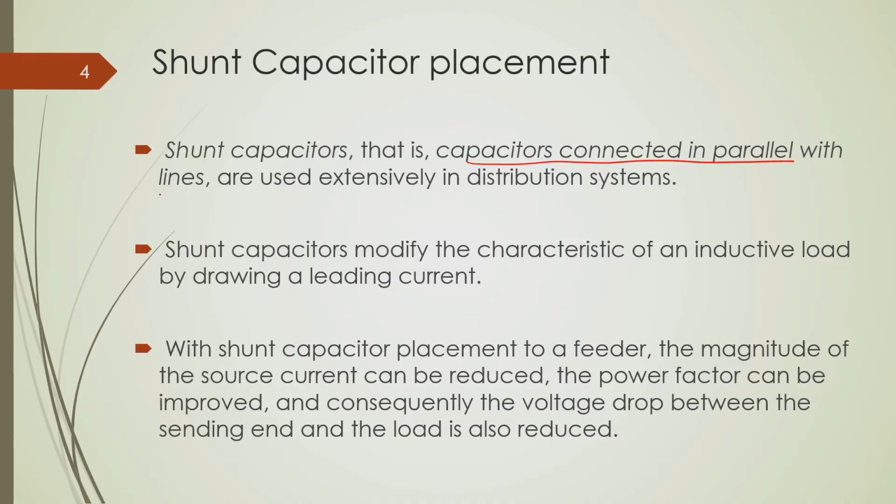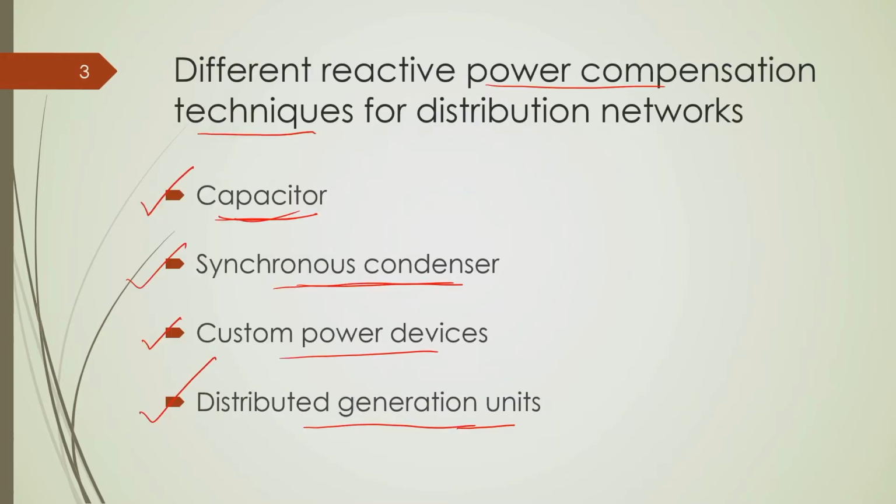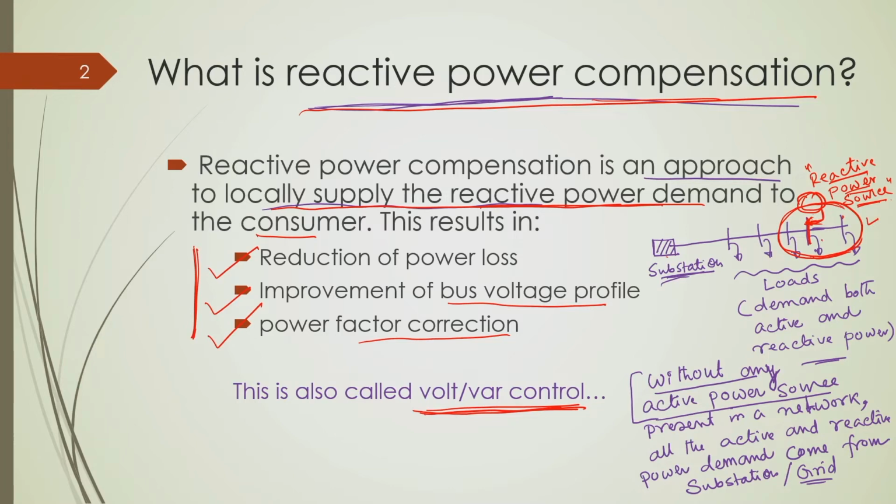Okay. Now, in this particular module I will discuss reactive power compensation with capacitor placement, or to be more precise, reactive power compensation with shunt capacitor placement. Okay. Shunt capacitor means a capacitor connected in parallel with the line. As I have shown you here, for this particular load which demands active and reactive power, we keep a capacitor in parallel to this load.